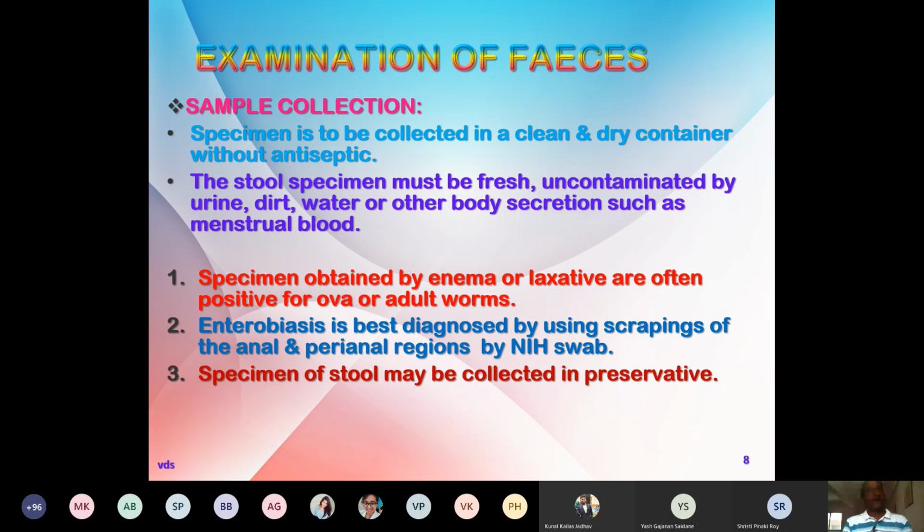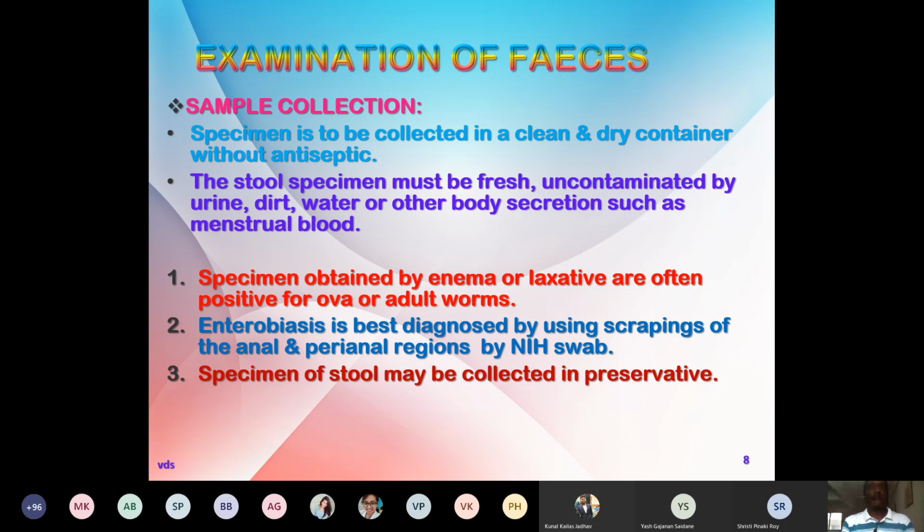Because Enterobius definitely causes intestinal infection, but the site of localization of this parasite is the vermiform appendix, from where the parasite crawls from the anus to the perianal region. And that's why the eggs may not be seen in the feces. In that condition, the diagnosis may be missed.